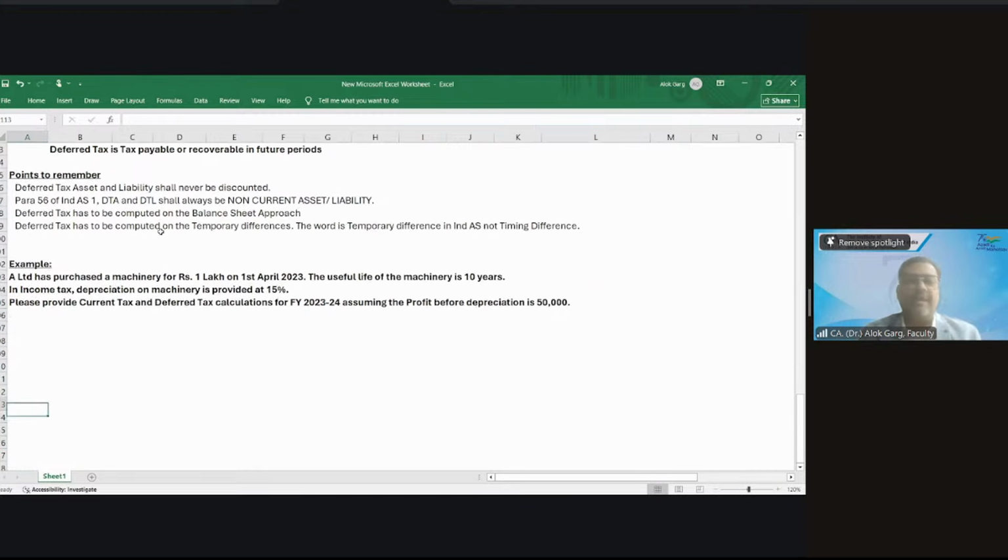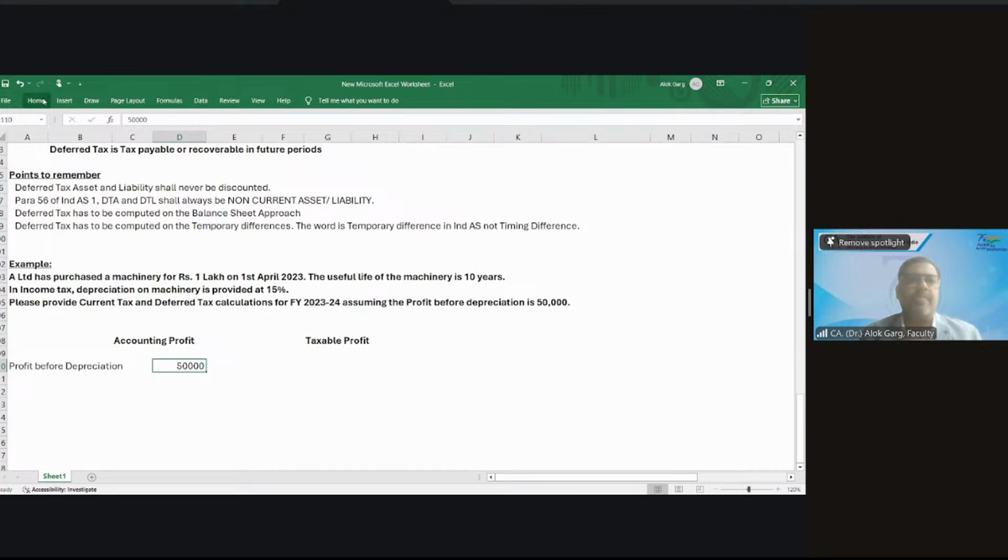Now, let's compute the accounting profit first. What is my profit before depreciation? 50,000.